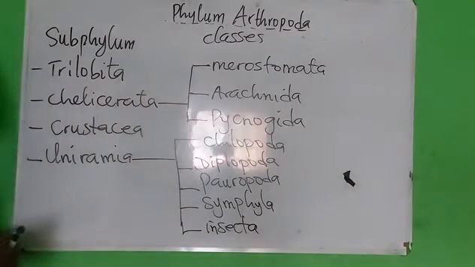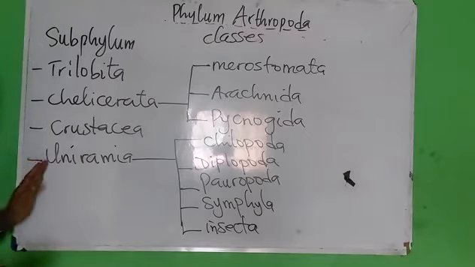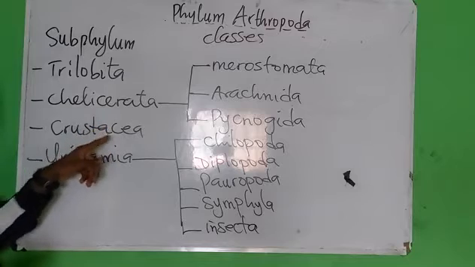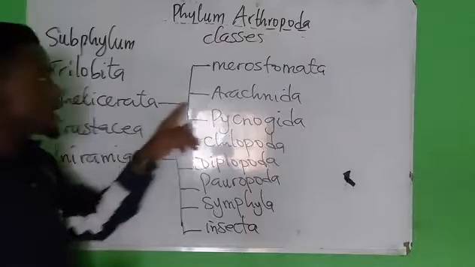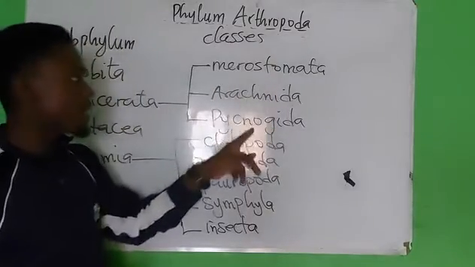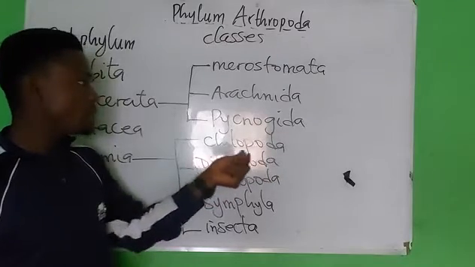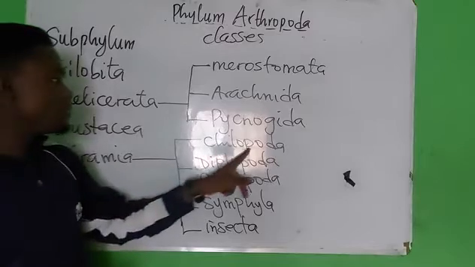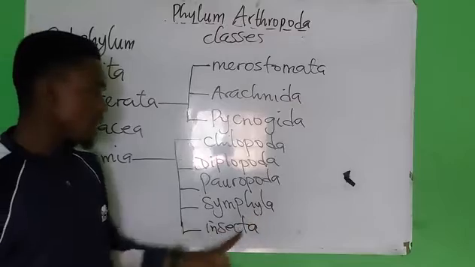So these are the various classes, alright? We have 4 subphyla. That is Trilobita, Chelicerata, Crustacea, and Uniramia. Under Chelicerata, we have Merostomata, Arachnida, and Pycnogonida. Under the subphylum Uniramia, we have Chilopoda, Diplopoda, Pauropoda, Symphyla, and what?